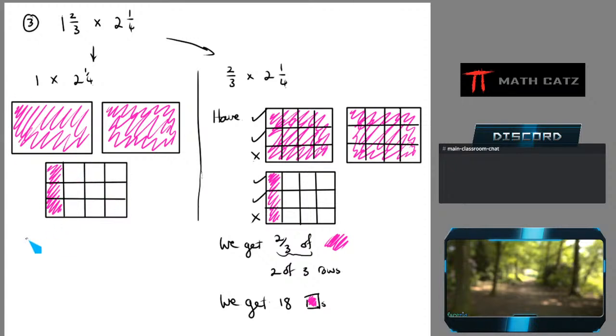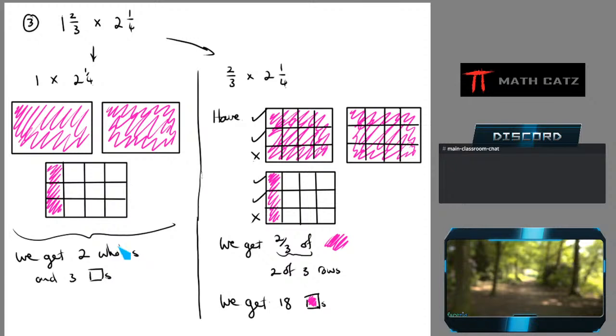Alrighty. So now here, let's separate this nicely. Here we get 2 wholes. Oh, come on. 2 whole rectangles and another 3 pink pieces. Okay, now we're close to the end.